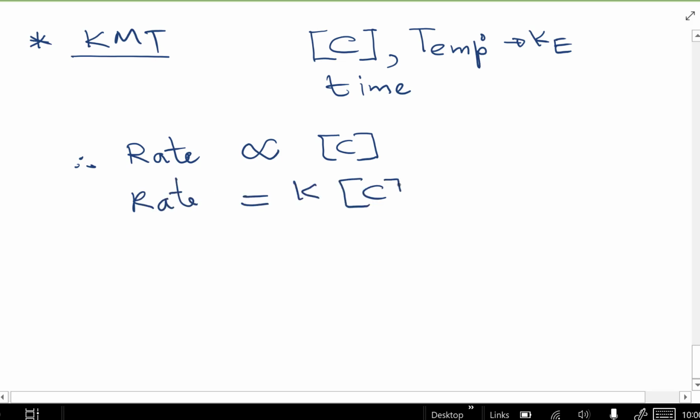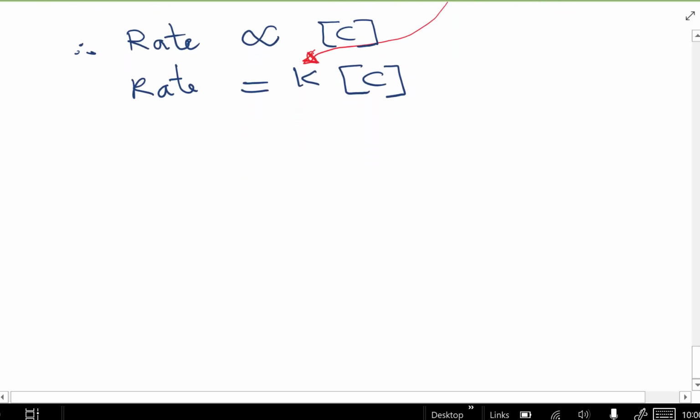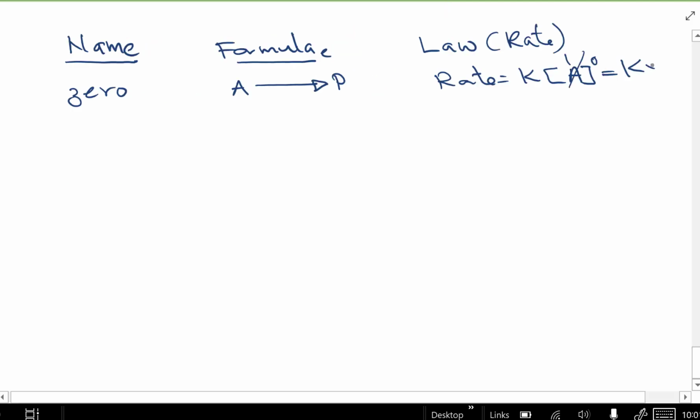Now we also know the rate of a reaction is directly proportional to the concentration, so we can multiply by k, the rate constant. That tells you something about the temperature, something about the kinetic energy. That's why it's important, right? So k never changes without changing the temperature, right?